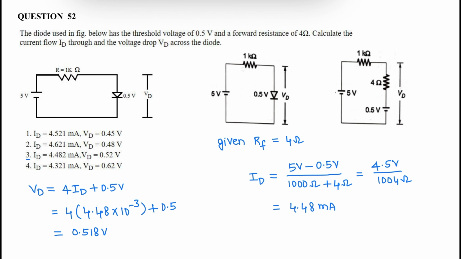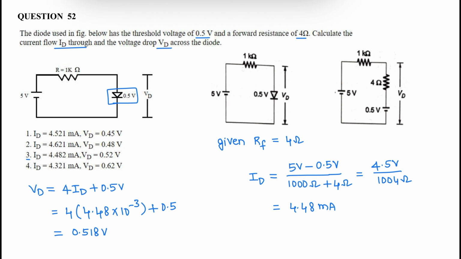Next question. The diode used in the figure below has a threshold voltage of 0.5 volts and a forward resistance of 4 ohms. Calculate the current flow ID through and the voltage drop VD across the diode. Given in the circuit diagram, the diode D has a junction potential of 0.5 volts and forward resistance of 4 ohms.